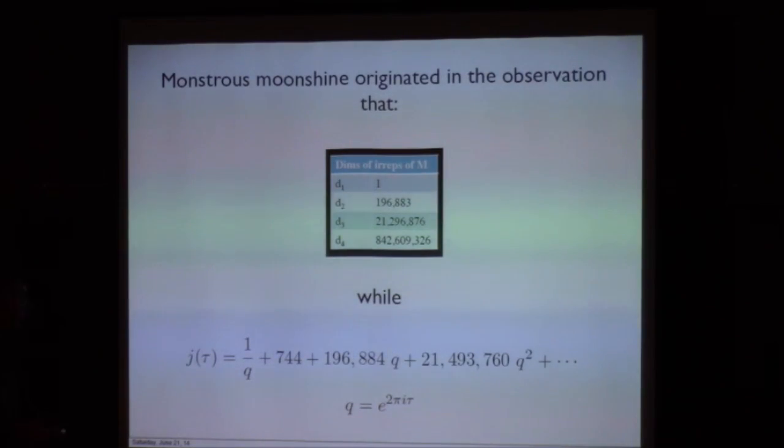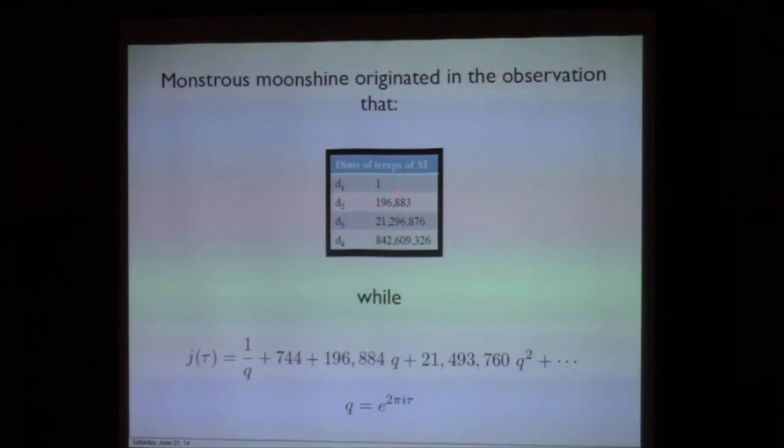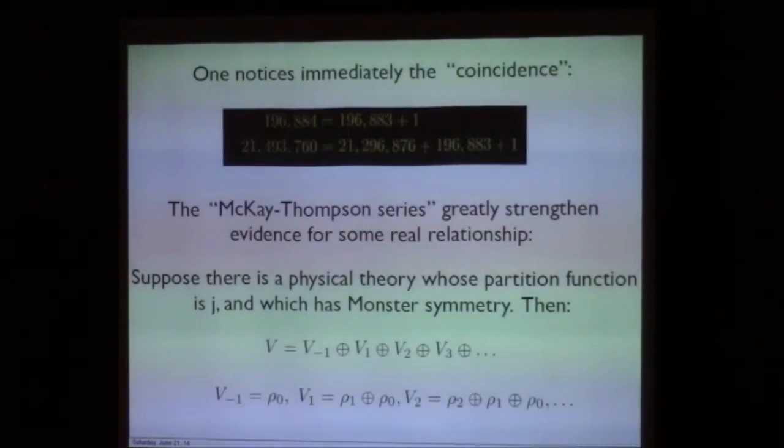Now, while mathematicians are famously inept at arithmetic, John did notice that there was a coincidence here, right? 196,884 is 196,883 plus 1. And in fact, at the next number, if you add the dimensions of the first two non-trivial irreps of the monster and the singlet, you get the next number in the Q expansion of the J function.